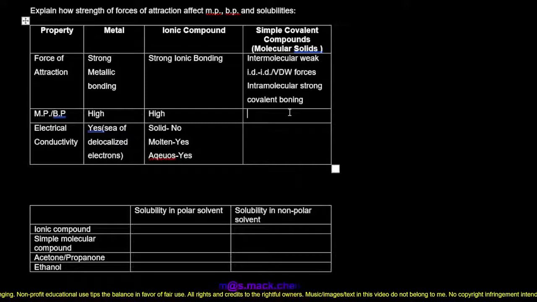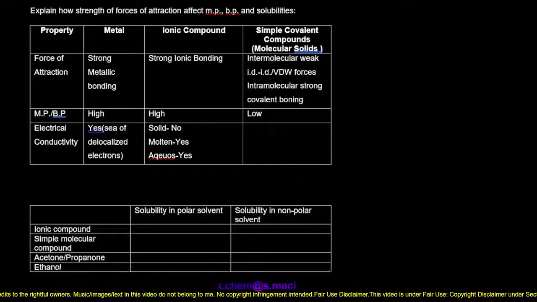Does a simple molecular solid or simple covalent molecules have a high melting point or boiling point? Think of oxygen gas, carbon dioxide gas, wax. They all have very low melting or boiling points.